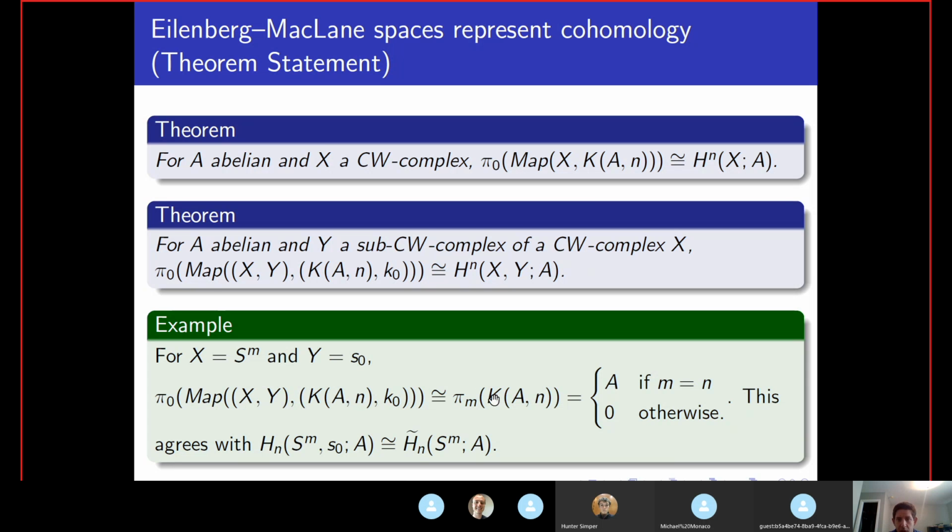Base maps from a sphere is exactly homotopy groups, and the homotopy groups of the Eilenberg-MacLane space are exactly A when M equals N and 0 otherwise. And so this theorem says that this homotopy group, or pi 0 of this space, is supposed to be homology, and this is exactly the homology of a sphere rel base point, or if you prefer, the reduced homology.